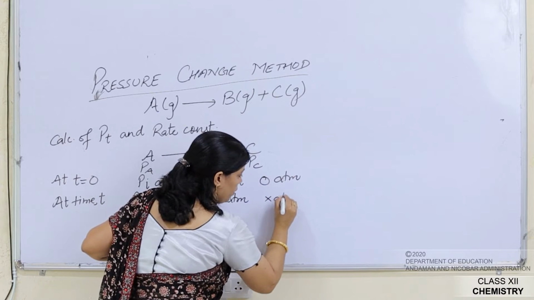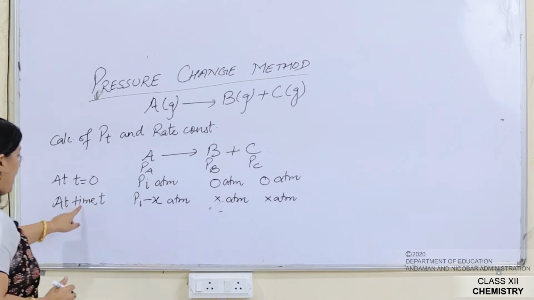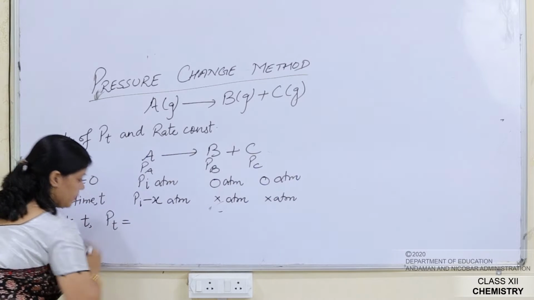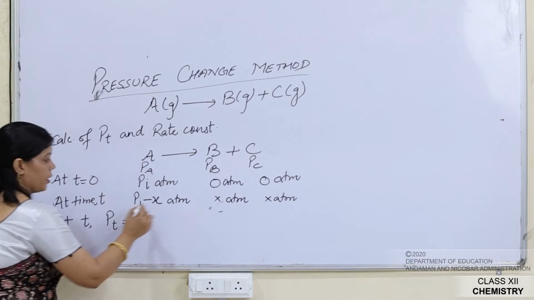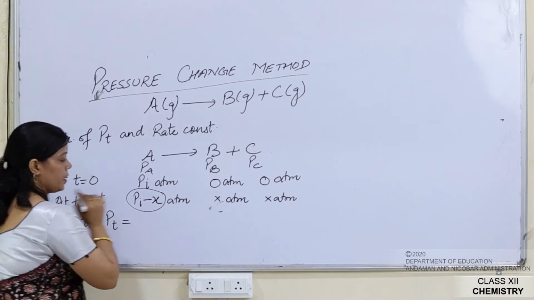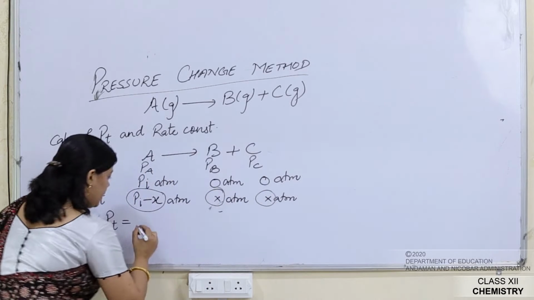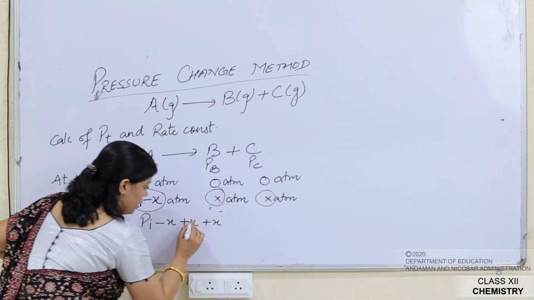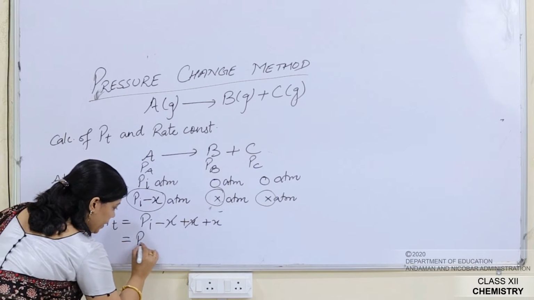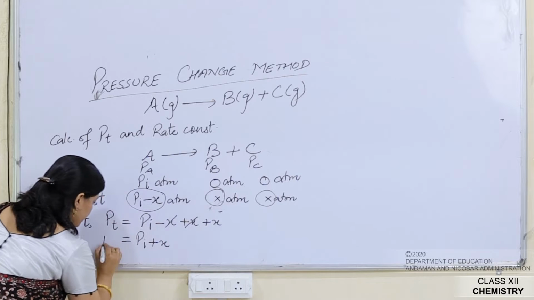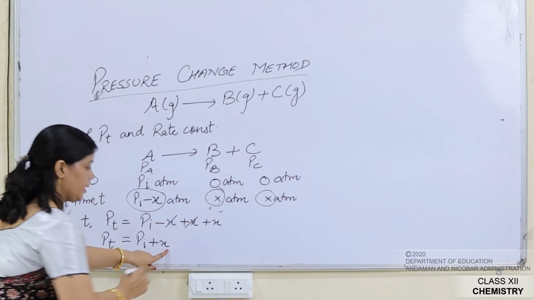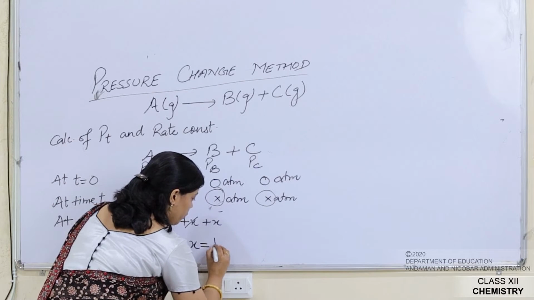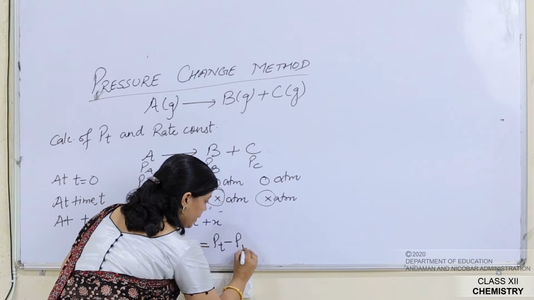So at time t, the total pressure is the sum of Pi minus x, x and x, that is Pi minus x plus x plus x. One term cancels out, so Pt equals Pi plus x. And what is the value of x? x atmosphere is equal to Pt minus Pi.